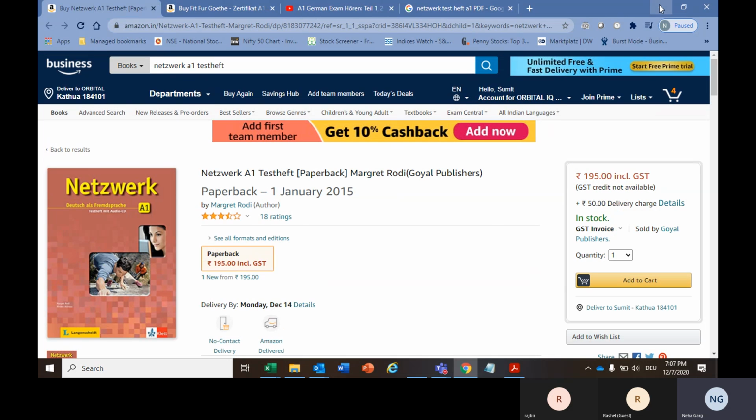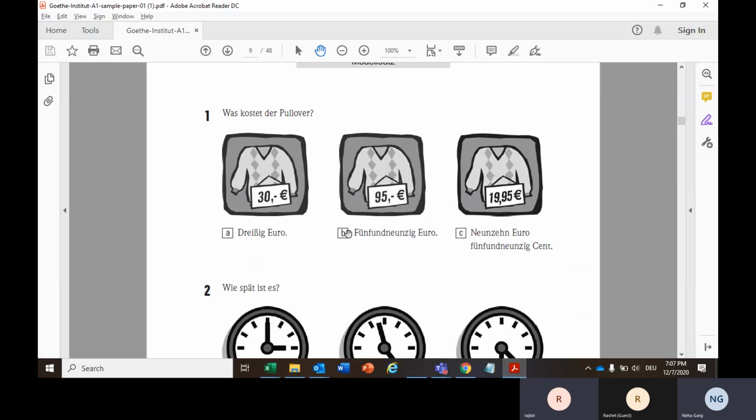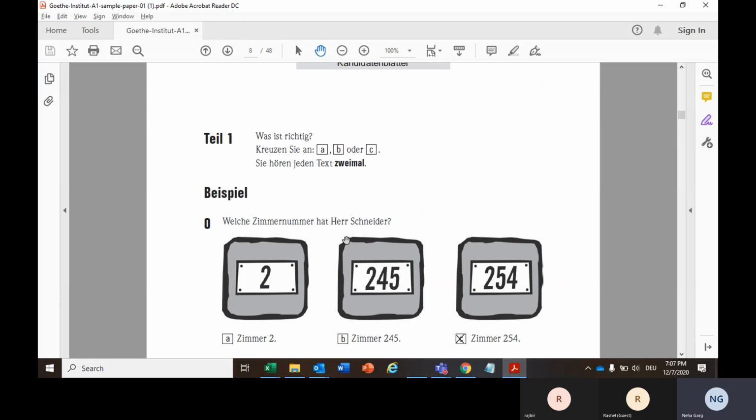Okay. Now, if we talk about the Goethe exam, in the Goethe exam we have four sections. Just a second, let me open the Word doc.